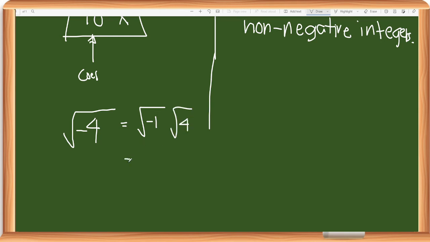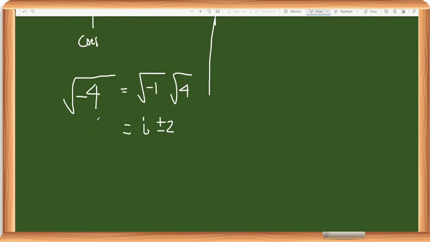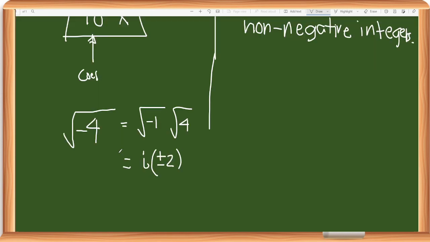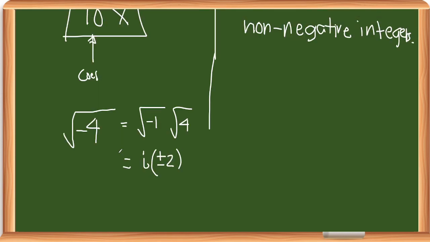Yung square root of negative 1 is what we call the imaginary number. And the square root of 4 is positive and negative 2. So therefore, the square root of negative 4 is equal to i times positive and negative 2. Okay? So, in this case, this is imaginary because you cannot locate this in the number line.